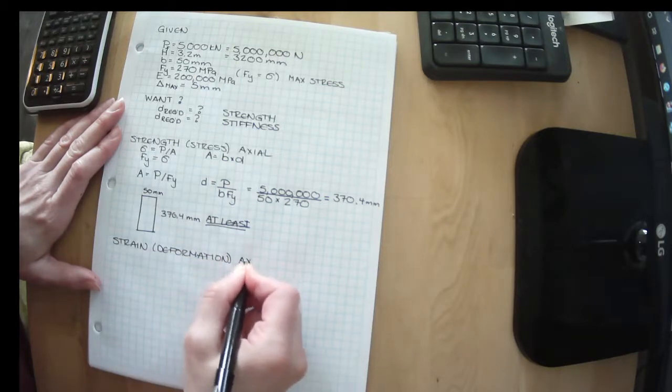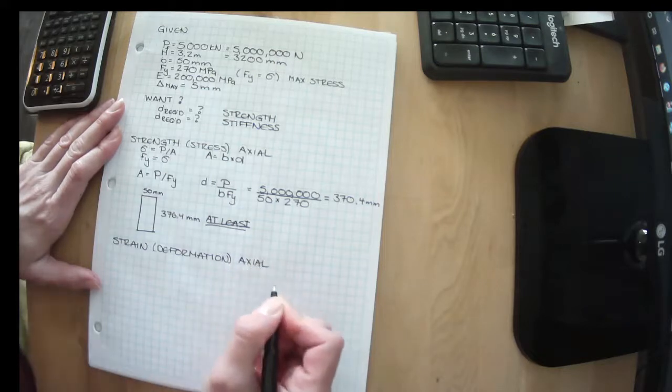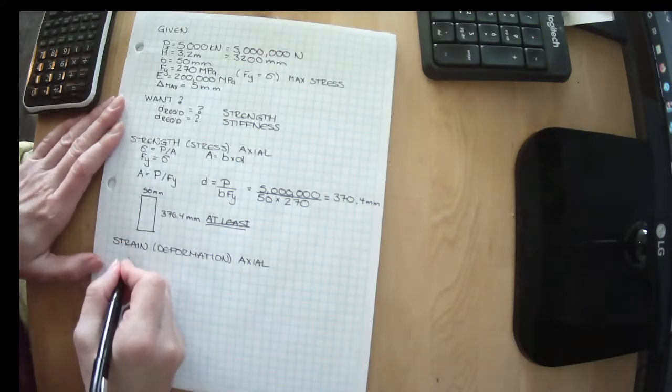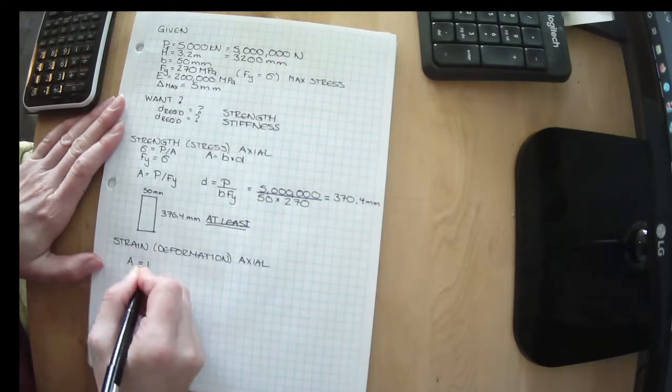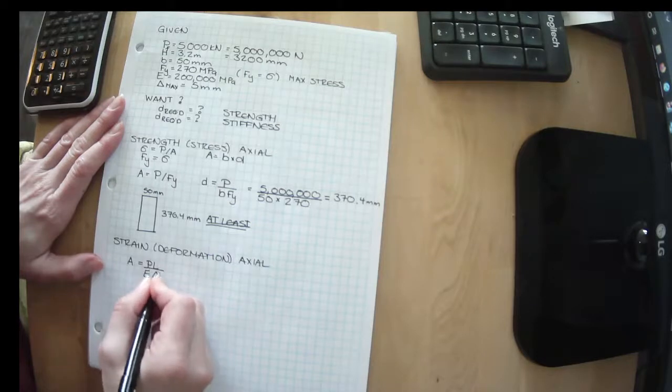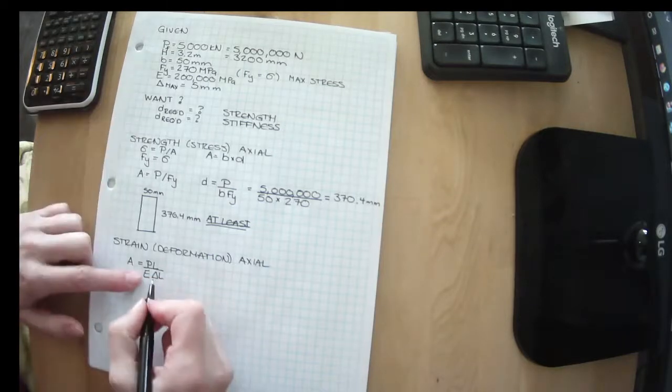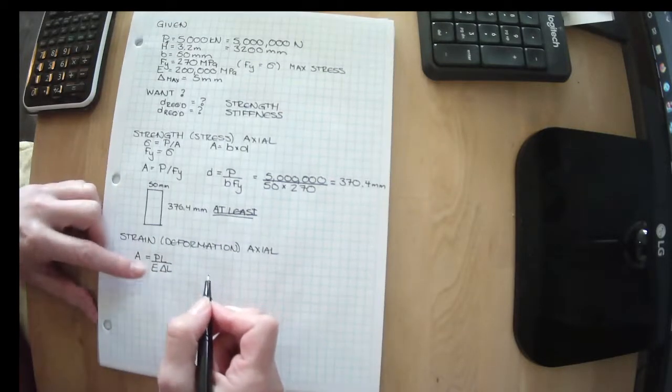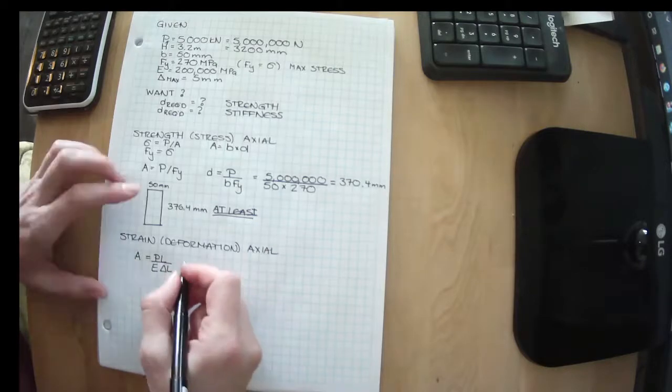For our axial example here, we know that area equals PL over E delta L. That's just one of the ways we've written out that equation before.